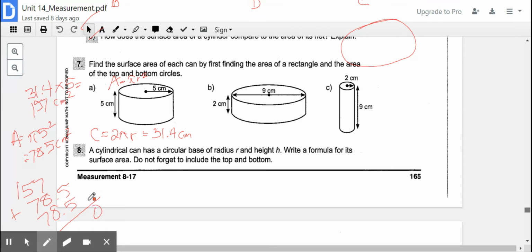I'm running out of space. 0, carry the 1. 8, 16, 24. 4, carry your 2. 2 plus 5 is 7. 14, 21. Whoops. Run out of space. Let me move down here.